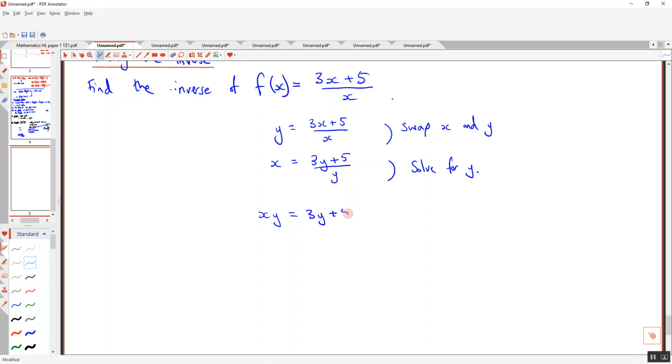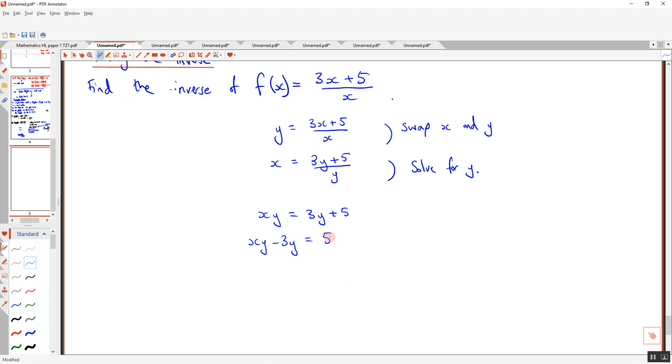What's my next step going to be? I want all my y's on one side. Subtract 3y from both sides. So I've got xy minus 3y equals 5.